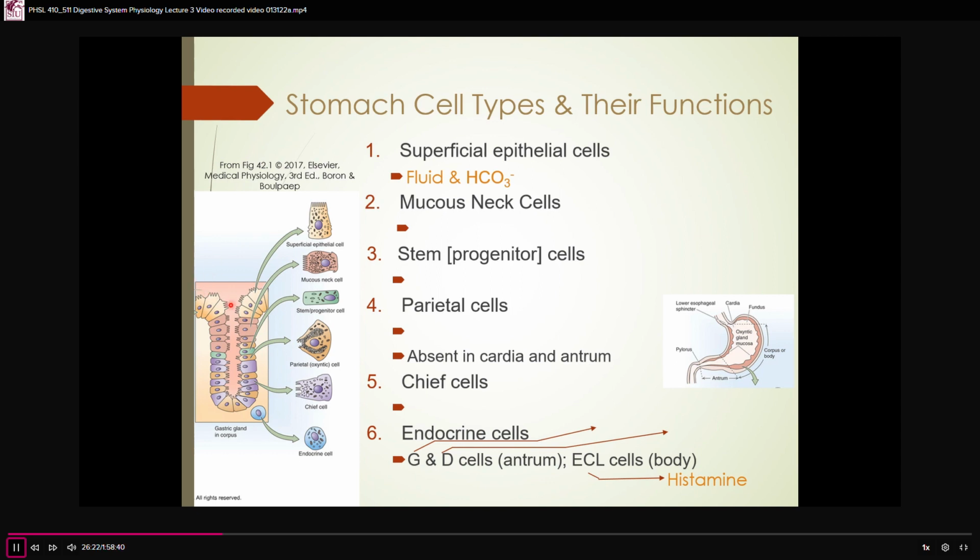And then, coming down into the gland, you have mucous neck cells. Mucous neck cells, along with chief cells, can be a source of pepsinogens, and they make a lot of mucus. And mucus has those mucin glycoprotein molecules in it, like we saw in the salivary glands, and it provides that lubricating, protective, gelatinous coating that protects the cells.